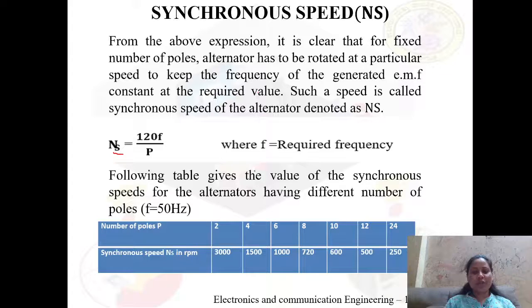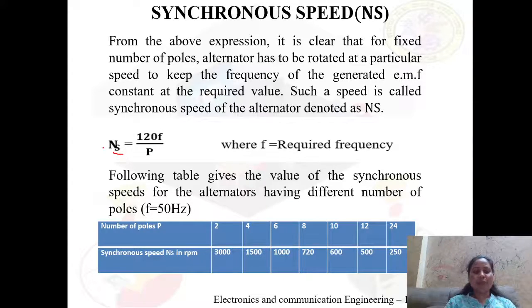We can also relate the supply frequency, number of poles, and the synchronous speed as 120 f divided by P, because the number of poles will be the same for the stator and the rotor. So the number of poles for the rotating magnetic field will not vary, and hence we can relate that with the synchronous speed Ns as 120 f divided by P.